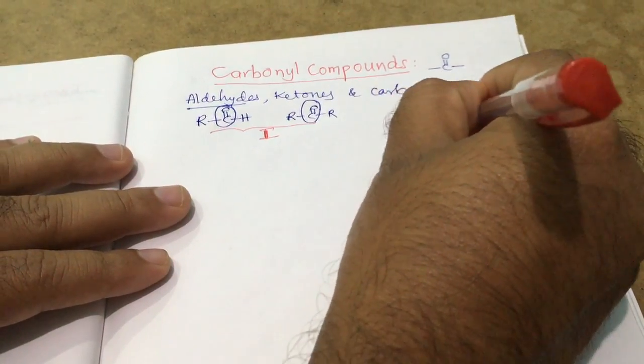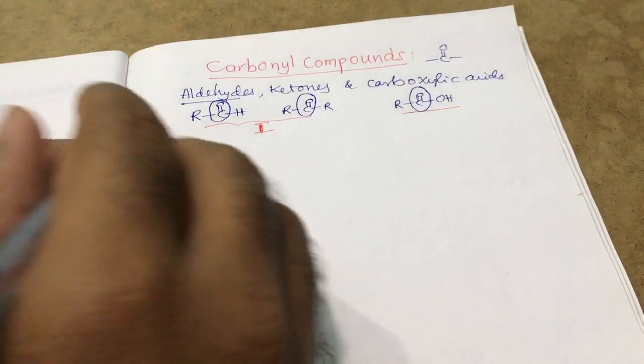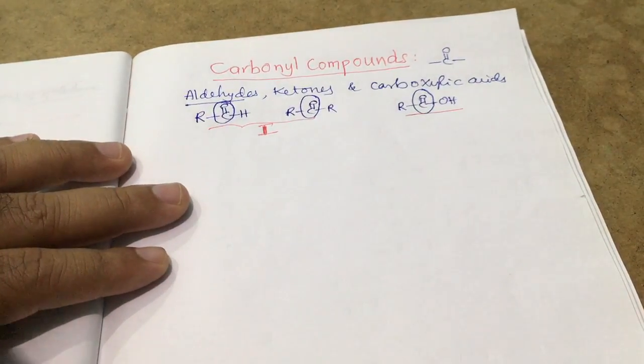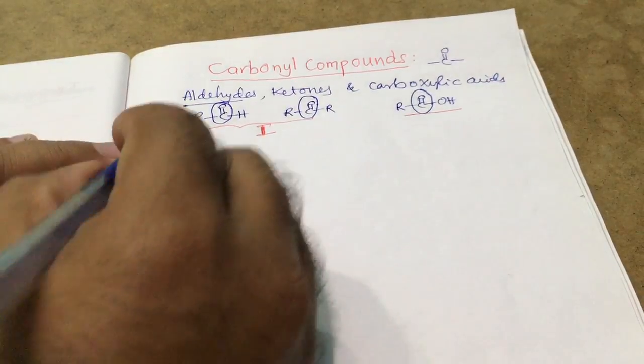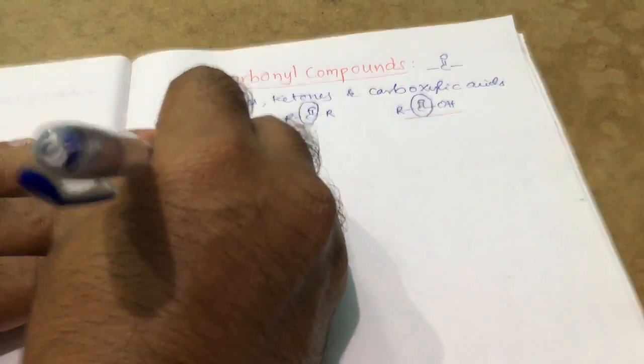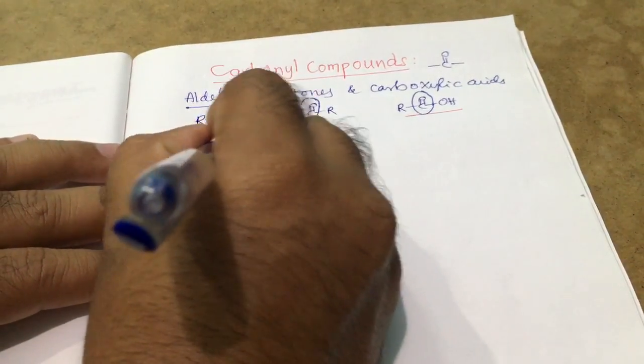Along with this, some others, called acid derivatives, are also called carbonyl compounds. What are the acid derivatives?